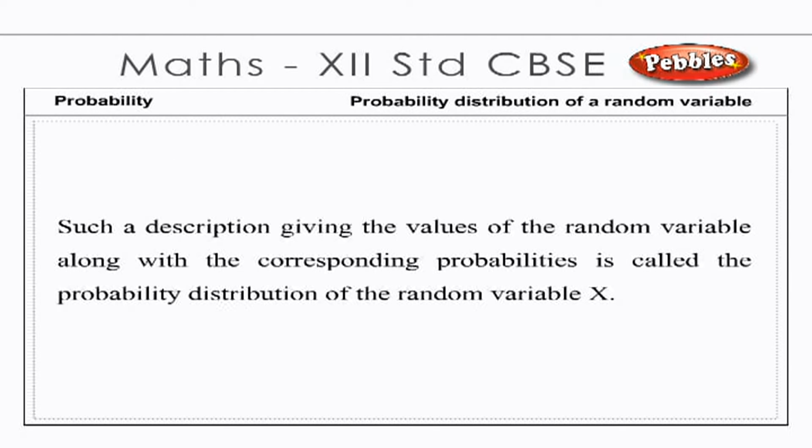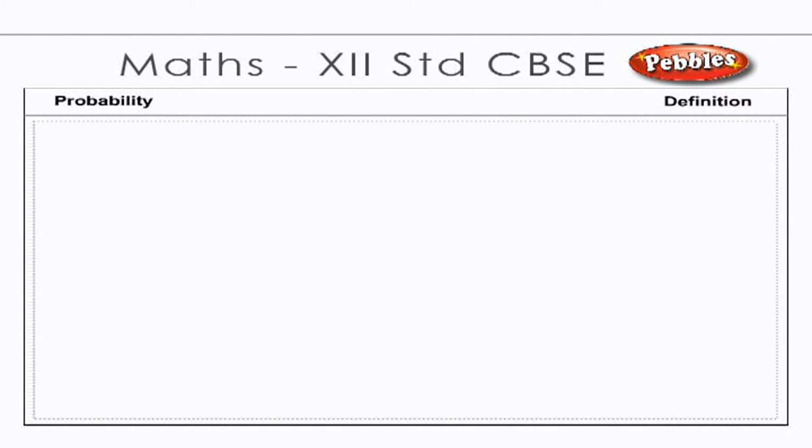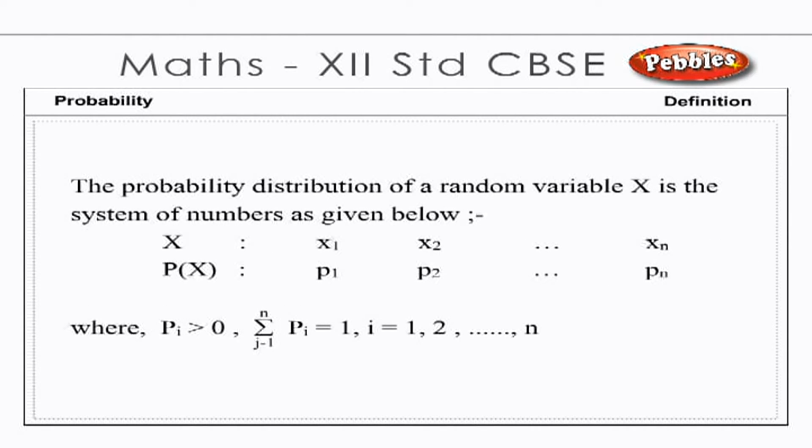Such a description, giving the values of the random variable along with the corresponding probabilities, is called the probability distribution of the random variable X. Definition: the probability distribution of a random variable X is the system of numbers as given below.